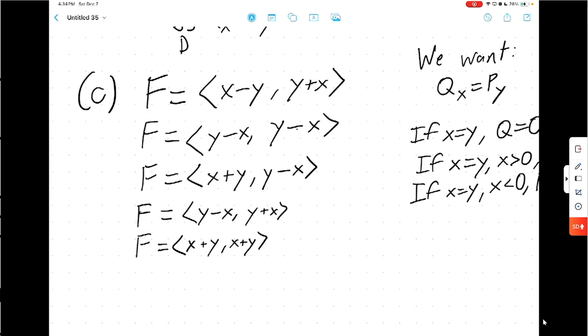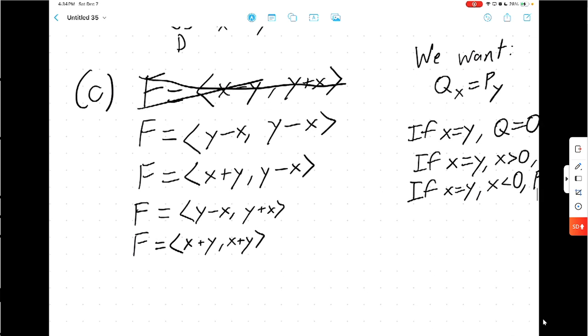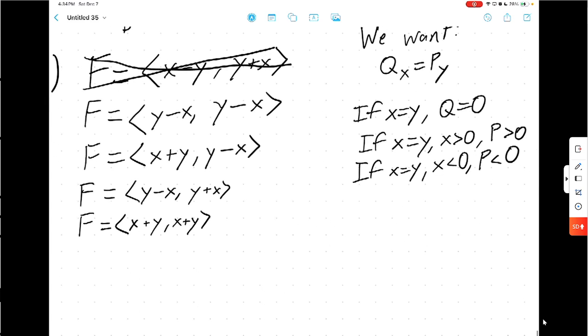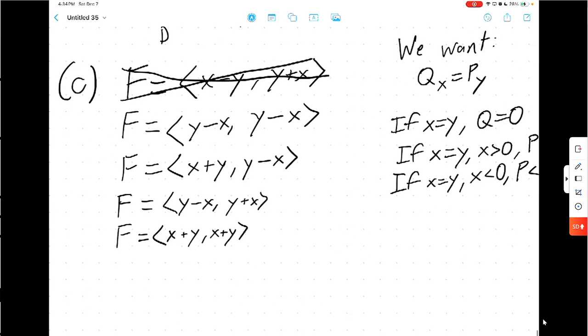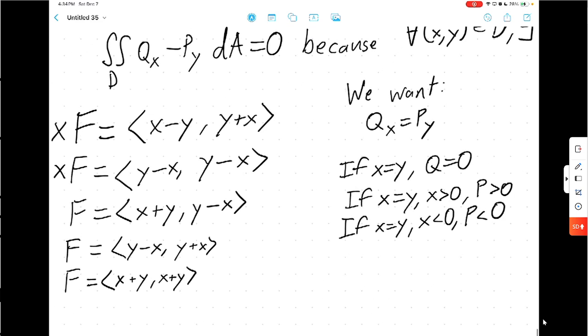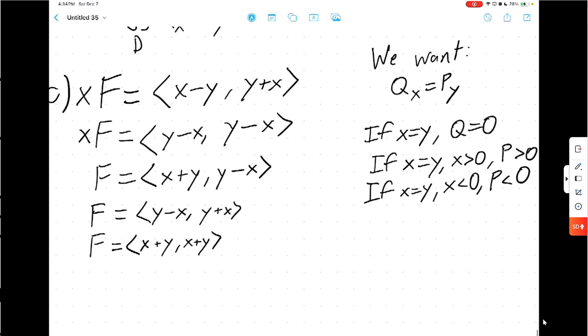For the first one, we're going to get a 1 here and a -1, so this one's out. For the second one, q of x is -1 and p of y is 1. So q of x is 1, p of y is -1.